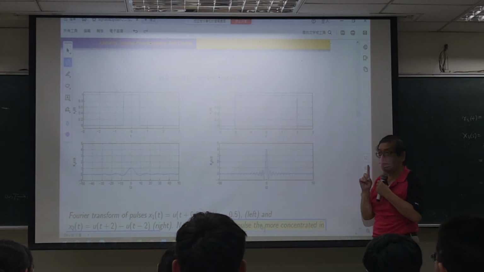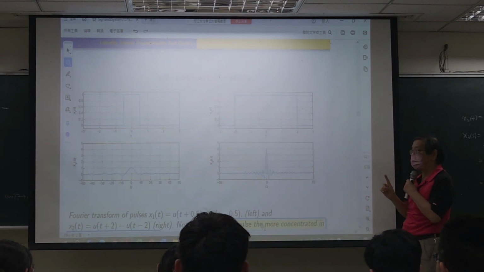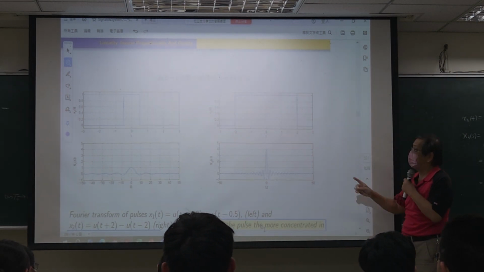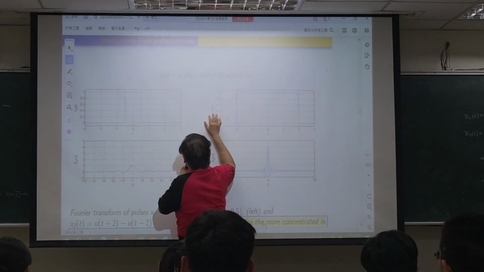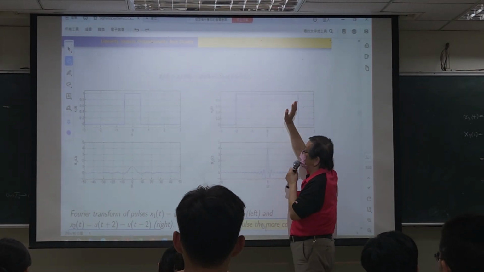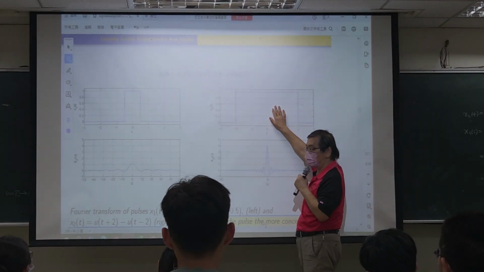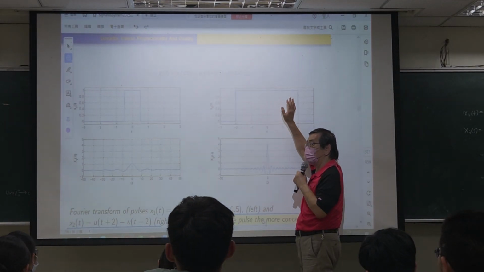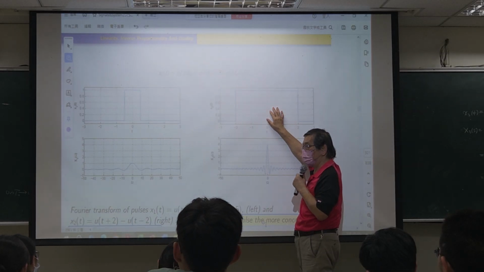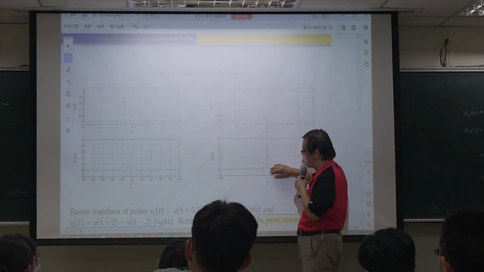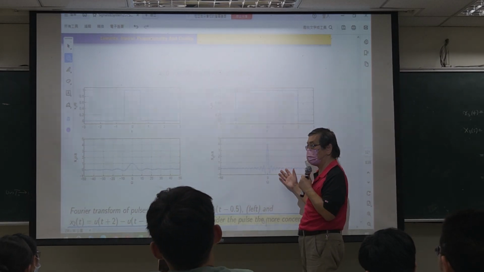Got it? That's the major point. One more time: if you stretch this function, it becomes much wider, much more like a constant, and the frequency components are majorly concentrated at zero frequency. That makes sense.